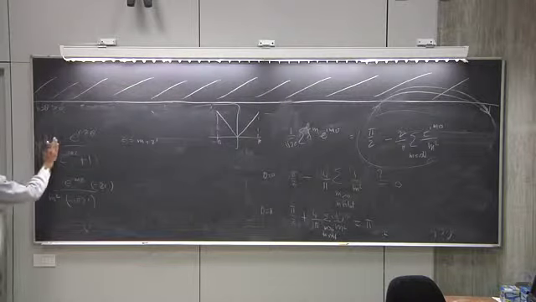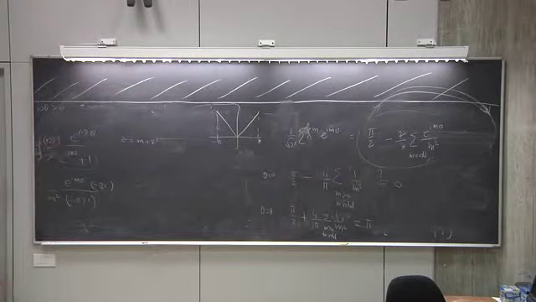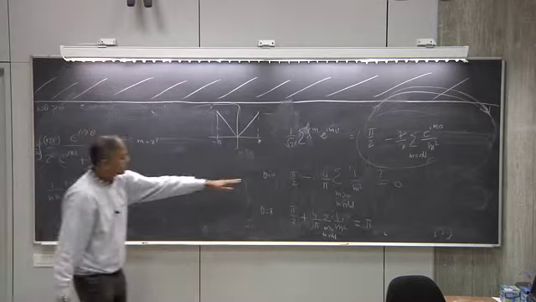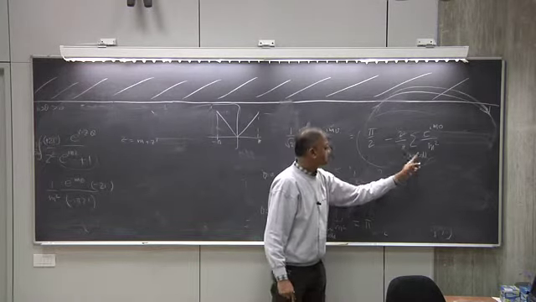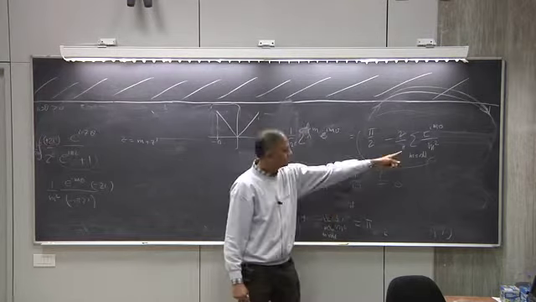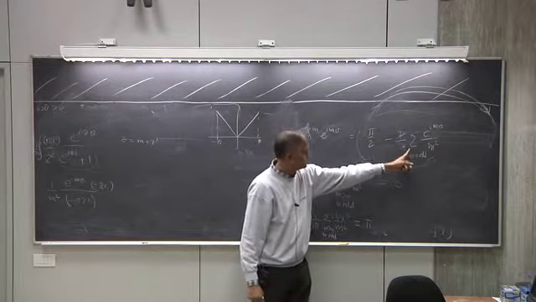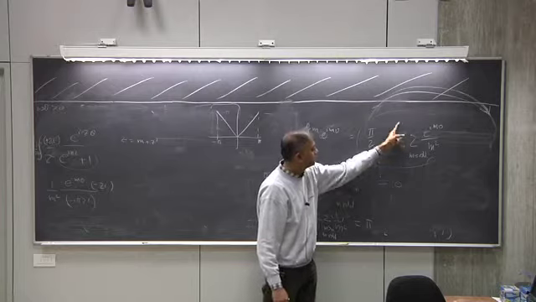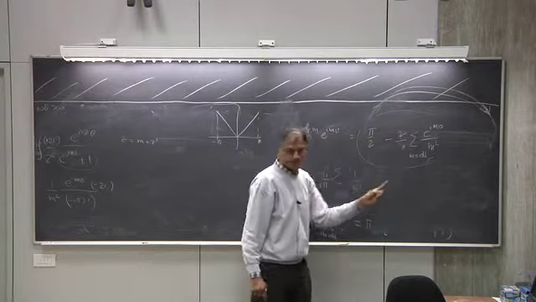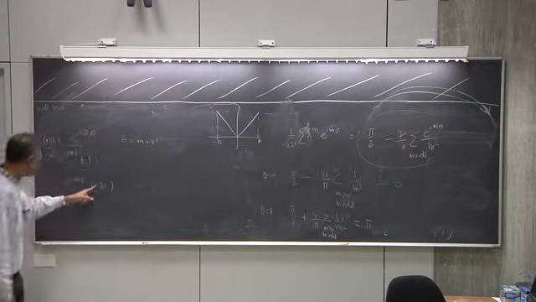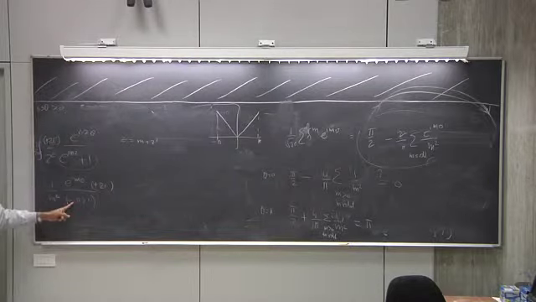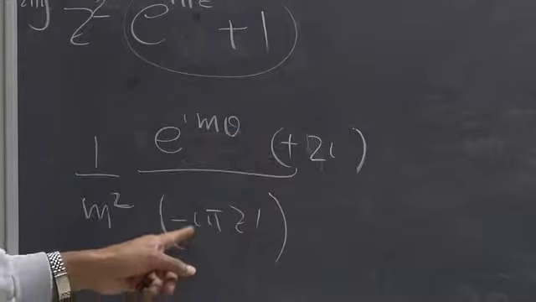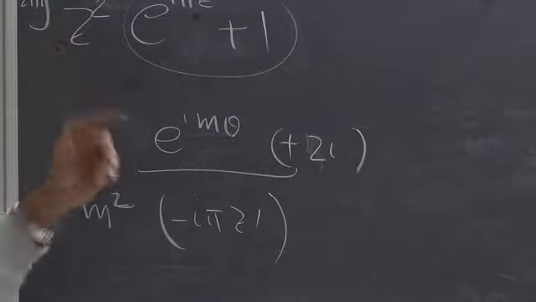Because this is the expression for m positive, but here it is a full sum, m odd. So if I look at this expression as a minus, I want to get minus 2 by pi. And this will exactly give me, if I have a plus sign here, then 2i, so the i cancels, you get minus 2 by pi. Okay? So this is the integral I have to do.